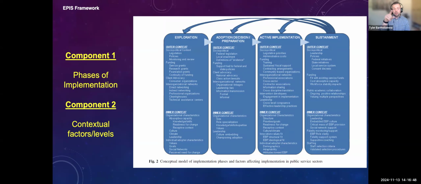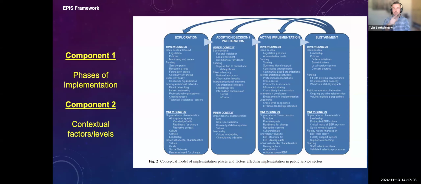Now we have these recursive arrows that you can see, and this really highlights the fact that the implementation process is structured in a linear fashion, but we know that implementation does not occur in a linear fashion. Oftentimes we're learning as we're going and making adjustments to the previous stage, and we have this kind of optimization loop that gets generated as we move from preparation into active implementation.